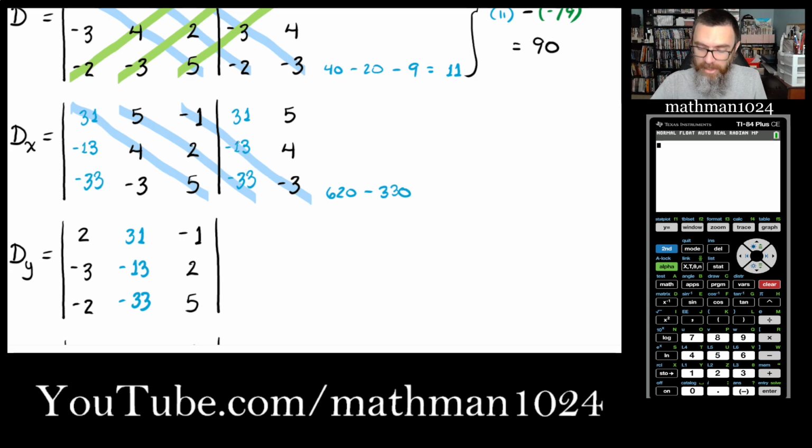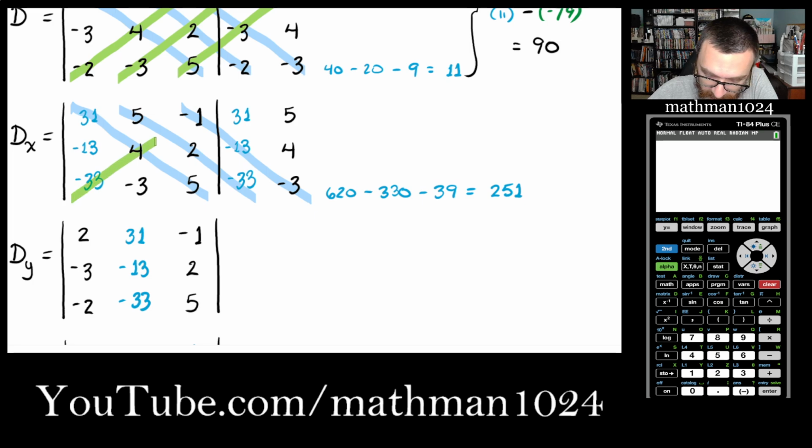Negative 1 times negative 13 times negative 3 is going to be minus 39. Altogether, that's going to give us 251. Yes, just double checking.